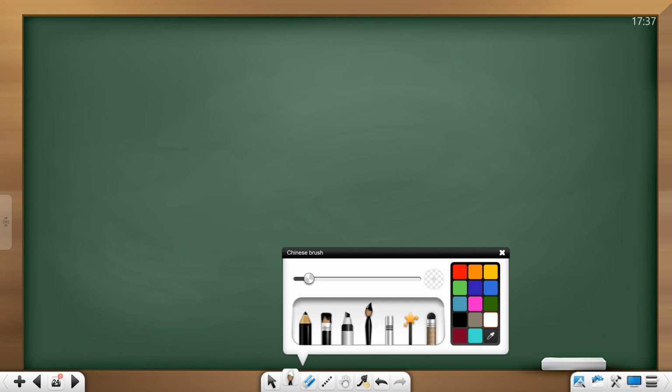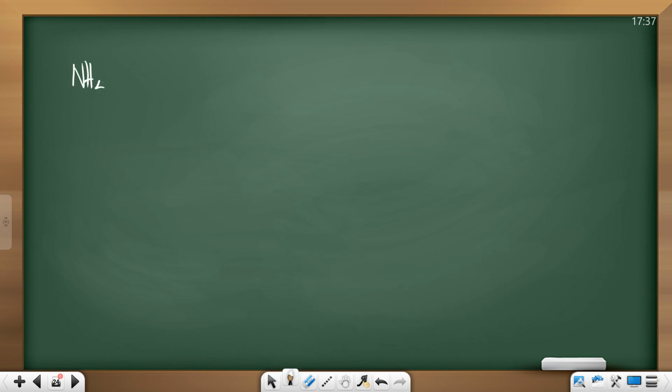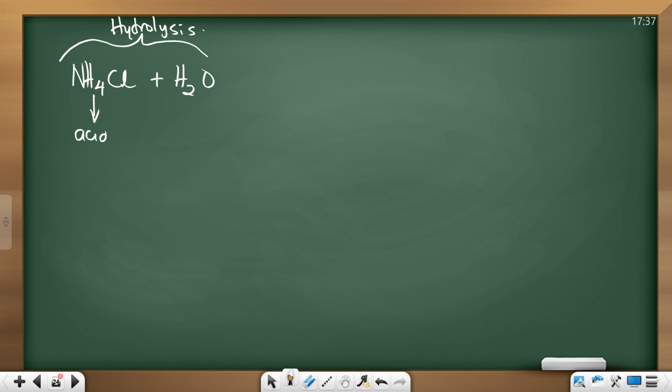If it's an acidic salt and I add water, do you know what this is called? Hydrolysis. Salt with water. But guys, this is an acid. What must be formed? Hydronium ions.